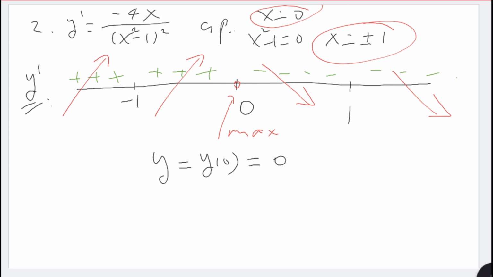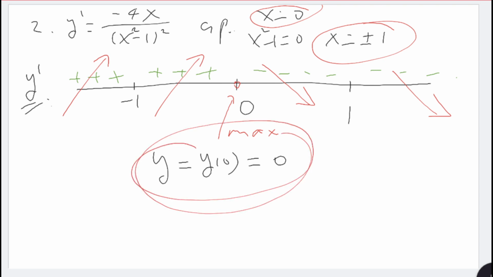That's going to be a maximum. All right, so we know where the function increases, where the function decreases, based on the first derivative, and also we detect the maximum value.